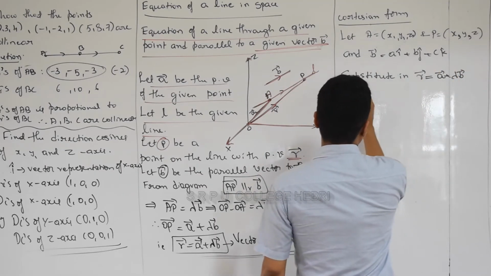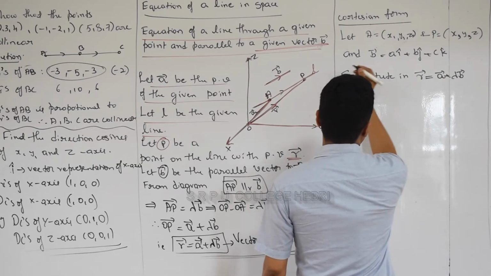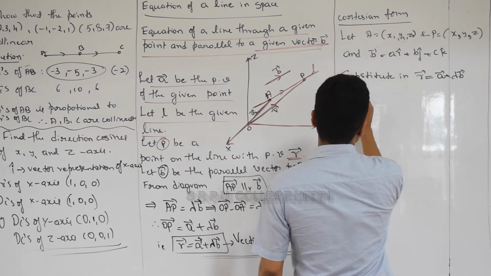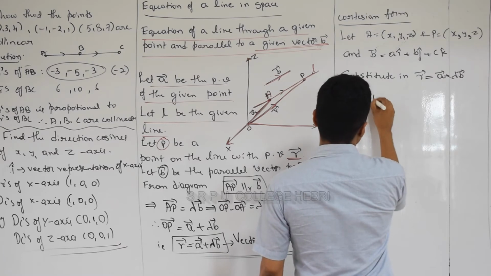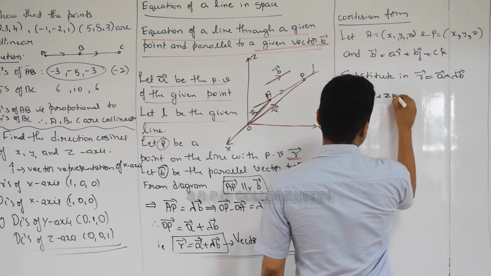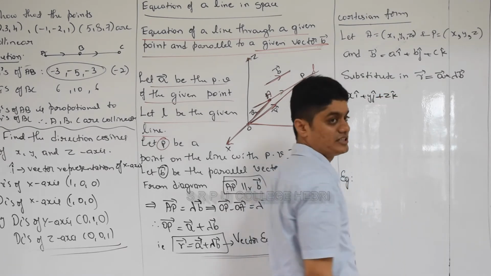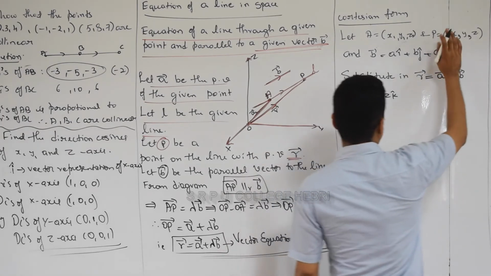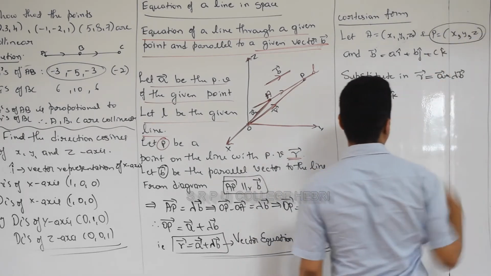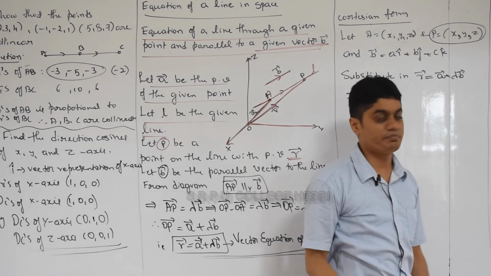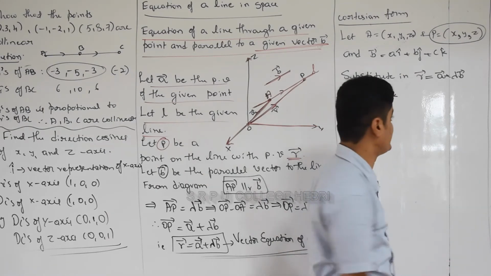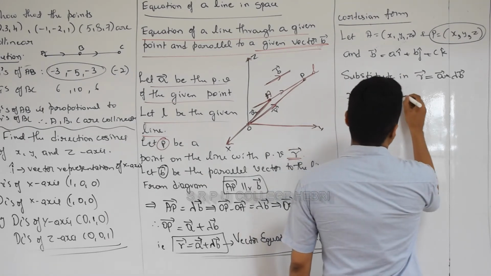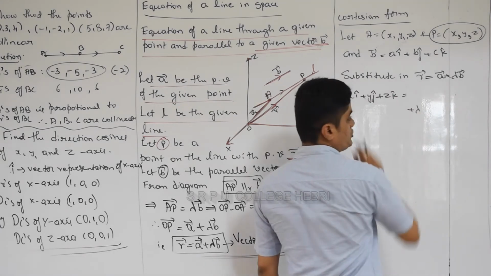So vector r is equal to xi plus yj plus zk, because every position vector of the point P can be represented as xi plus yj plus zk.